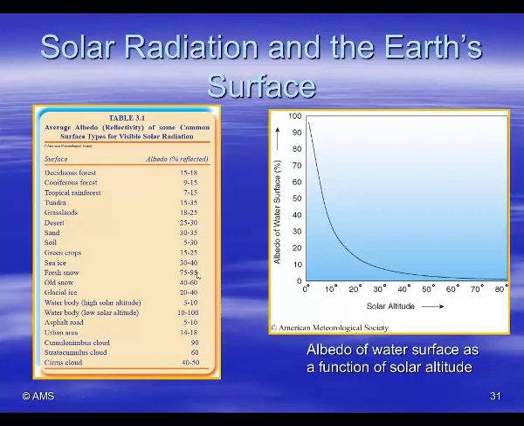And water varies, but if we have a high solar altitude, for instance at noontime, we don't have very much reflected, about 3 to 10%. As the angle of the sun goes down, we end up with 10 to 100%. Notice that the forests are between 7 and 18%, and that's how much energy is reflected off of these surfaces.